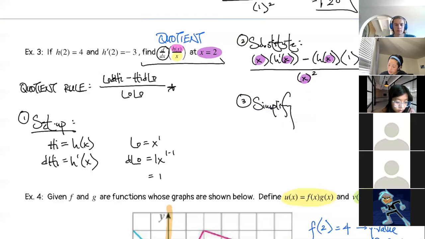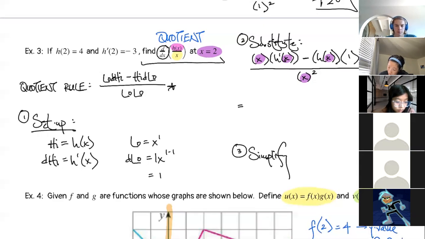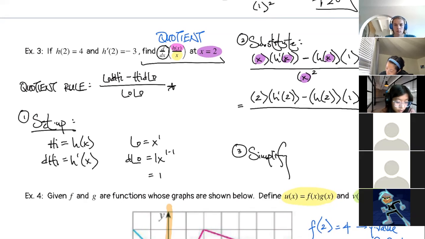So if I substitute in a 2, let's see what we get. 2 times h prime of 2 minus h of 2 times 1 all over 2 squared.